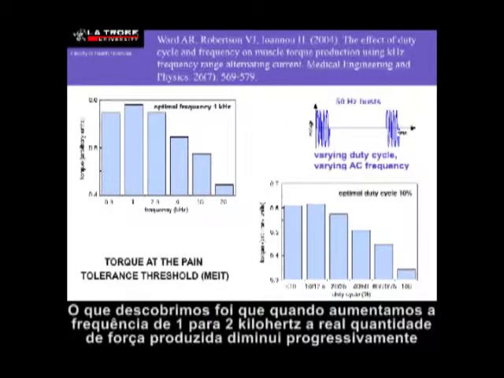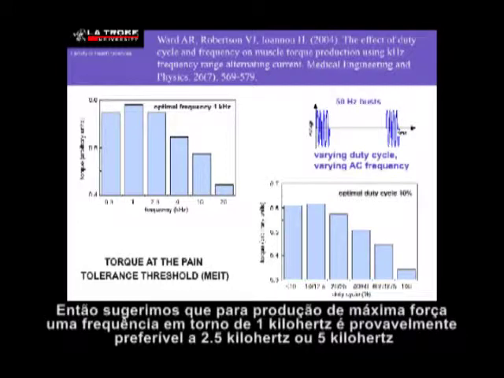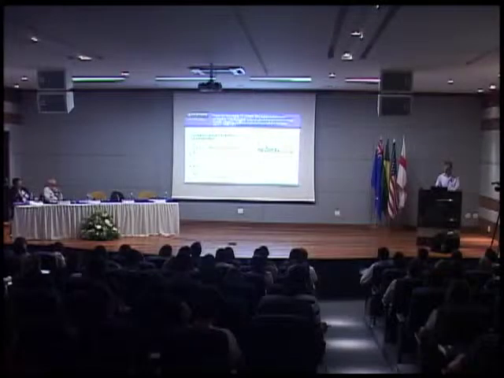And what we found was that as you increase the frequency from 1 kilohertz to 15 kilohertz, the amount of force that's produced gets progressively less and less. So this suggested that for maximum force production, a frequency of around 1 kilohertz is probably preferable to 2.5 kilohertz or 5 kilohertz.